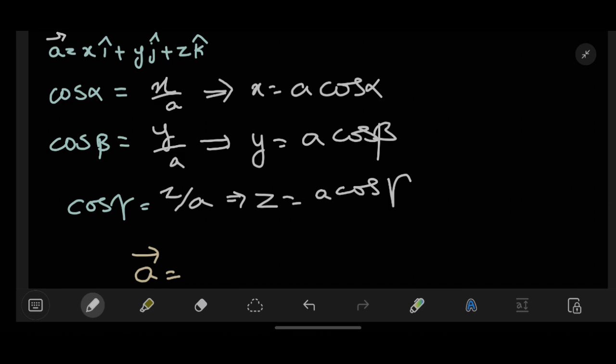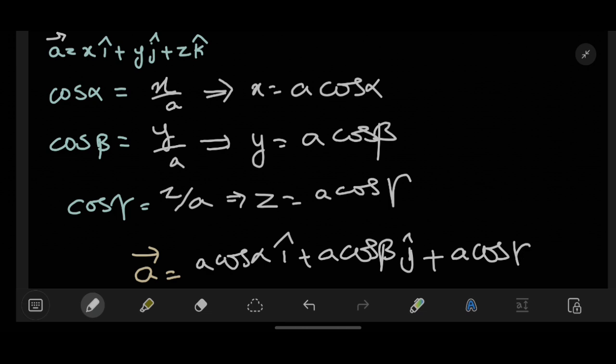Now from this we can represent this a vector in this way also. Instead of writing x, y and z, we can simply write these things, right? So now a vector can be newly expressed as a cos alpha i cap plus a cos beta j cap plus a cos gamma k cap.